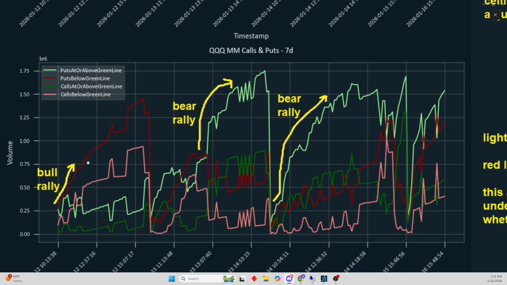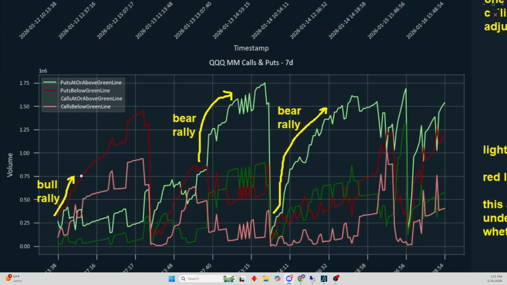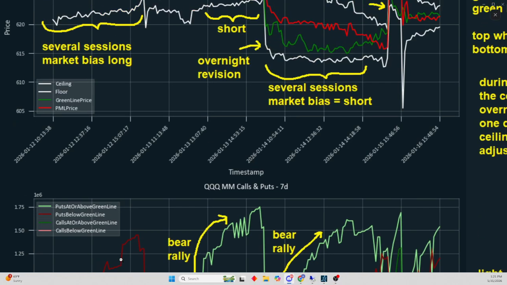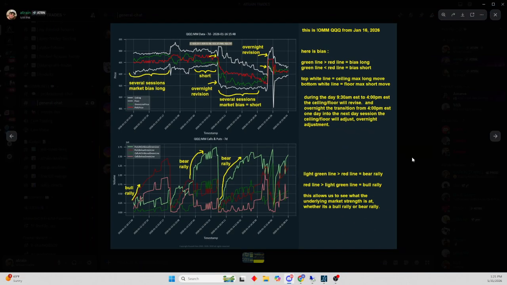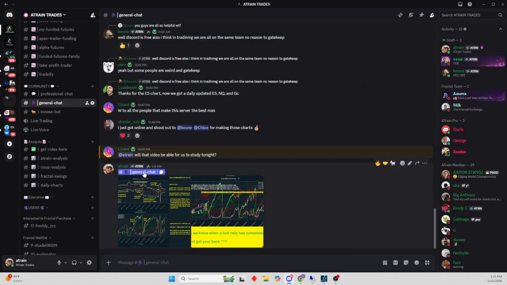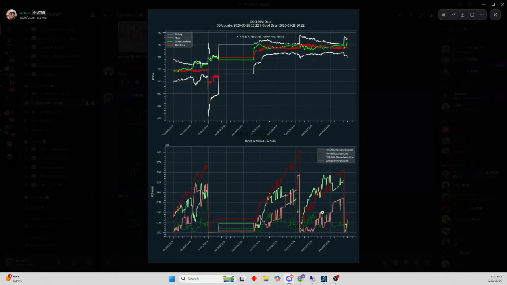So people think, oh, all this put volume coming in has to send us down. It's actually doing the opposite. It's sending us to the upside. And you'll see, right, when we have the red over the green, you're looking for continuation to the upside.